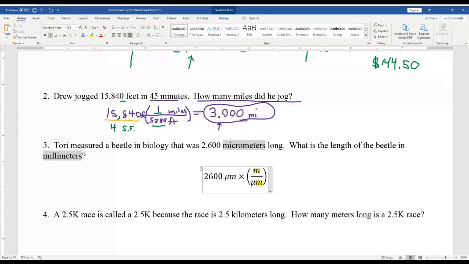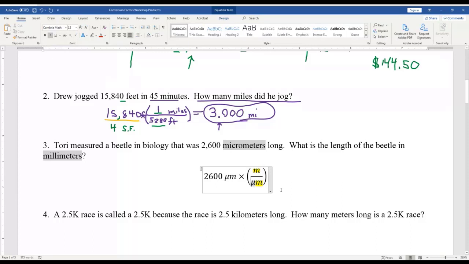You have microvolts, you have microcoulombs, you can have micronewtons, you can have micro just about anything, microseconds. Micro is just a prefix that's stuck on the front of other units to classify it. So micro is a prefix, and the base unit is the meters.